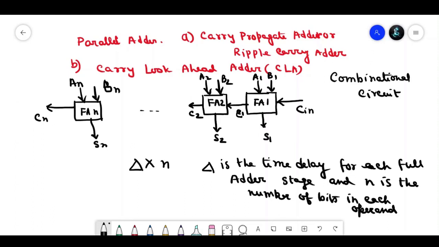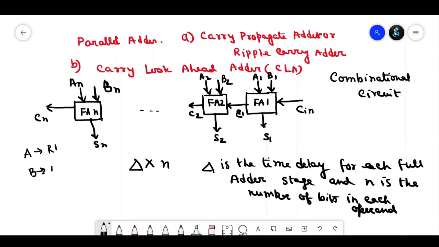The carry output of each full adder is connected to the input carry of the next order full adder. The n data bits of the A inputs come from one register, suppose R1, and the n data bits of the B inputs come from another register, that is R2.